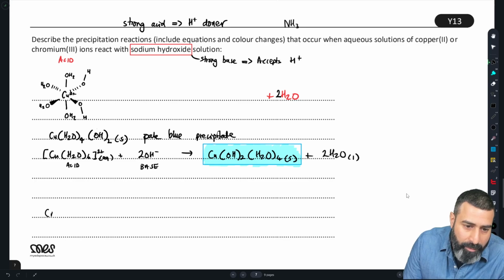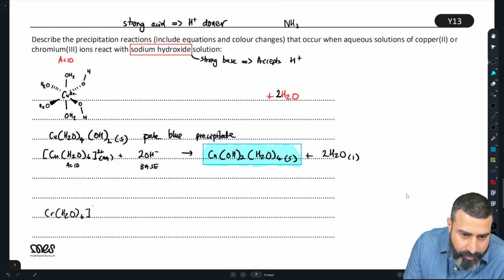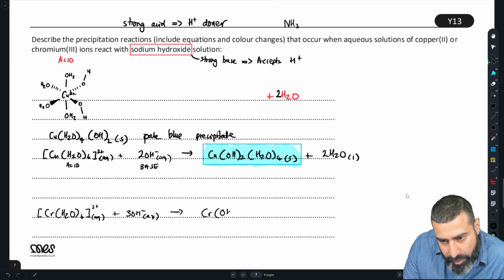In the chromium, in the hexaaquachromium 3+ ion, we get 3 deprotonations. And if we get 3 deprotonations, this is what we're going to form.